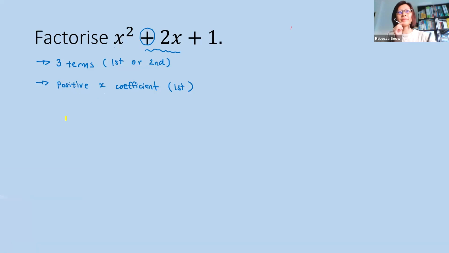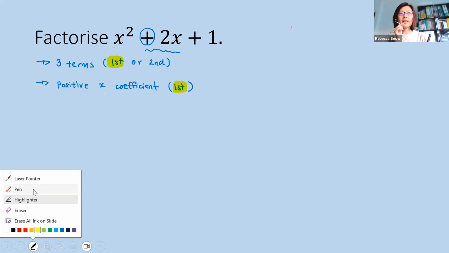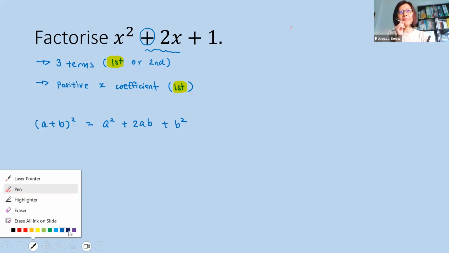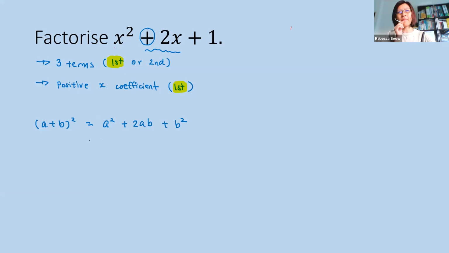Okay, so if it's the first identity, let's recall how it looks. It would be (a + b) squared equals a squared plus 2ab plus b squared. Now, this a squared plus 2ab plus b squared is the form the question is written as. I'm going to copy the question and write it right below what we have over here.